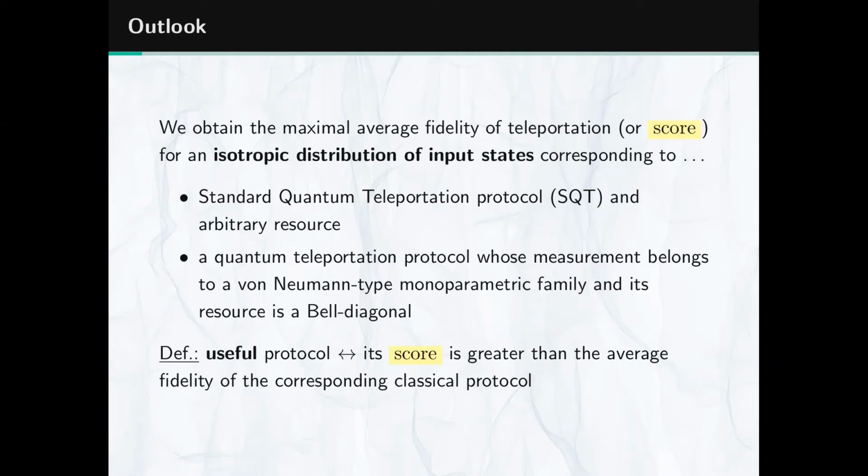And here in the second example, the resource of the protocol is the set of Bell diagonal states. Through this talk, we are talking about useful protocols, and the definition of a useful protocol is a protocol that can overcome the classical fidelity. I mean, the characteristic fidelity of a useful protocol is greater than its classical counterpart.